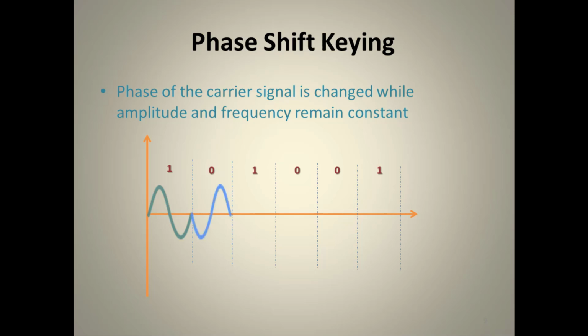As you can see, this particular wave is reversed. The green wave has a phase of 0, and the blue wave has a phase of 180 degrees. Amplitude and frequency are not changing, only phase is changing. For every 0 we have the 180 phase signal, and for every 1 we have the 0 phase signal.